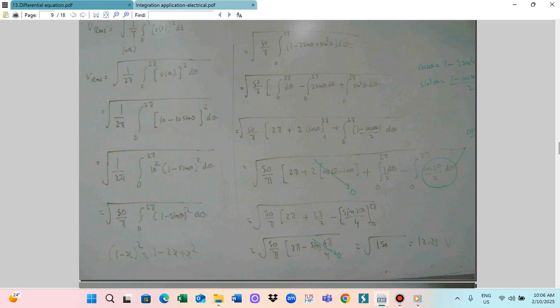So this is 1 by 2 pi, integration 0 to 2 pi, 10 times (1 minus sin theta) square d theta. So this becomes 10 square, and 10 square is 100. So 100 divided by 2 pi, you got the 50.